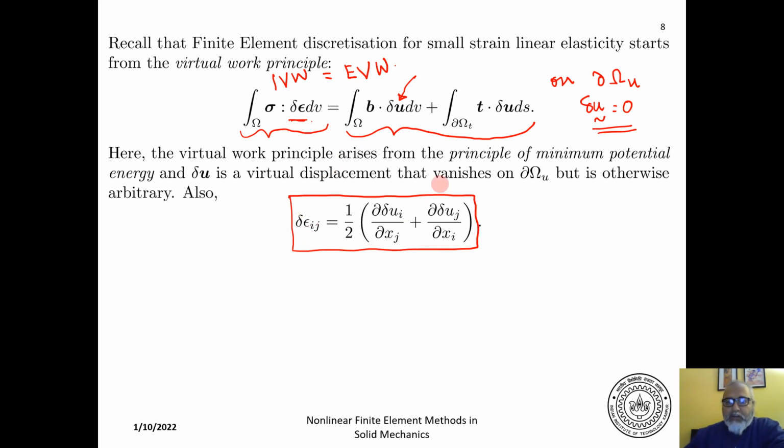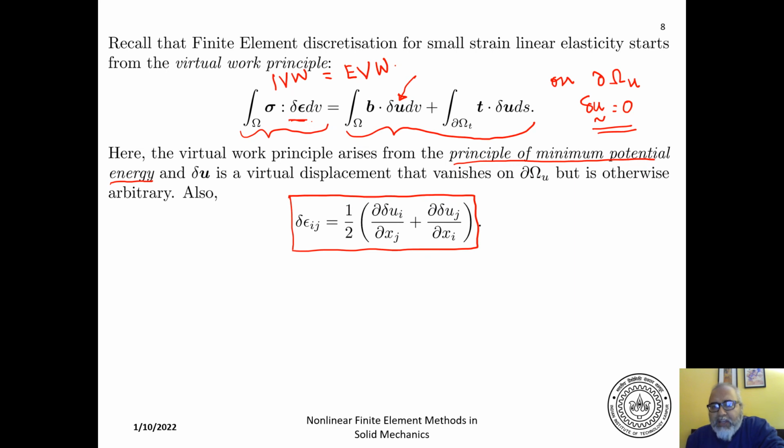So this virtual strain does work on the virtual stress, to give you the internal virtual work, and that has to be equal to the external virtual work. This is what we use. And in case of linear elasticity, this principle follows directly from the principle of minimum potential energy that elastic bodies are known to abide by.